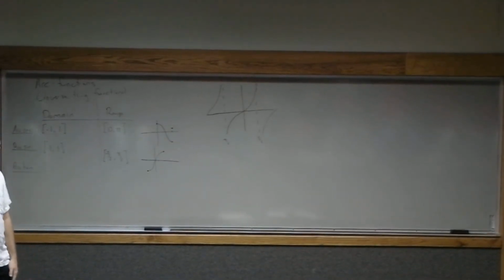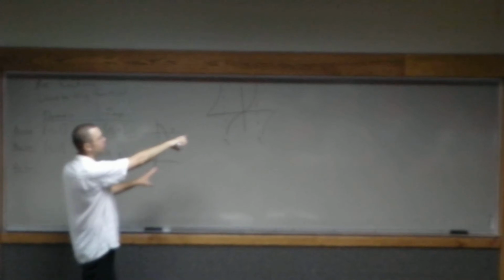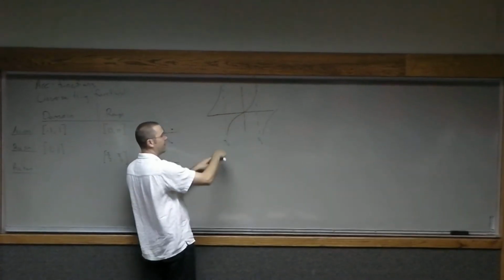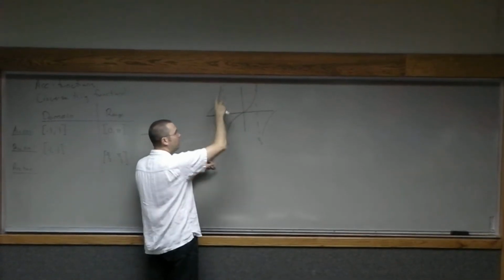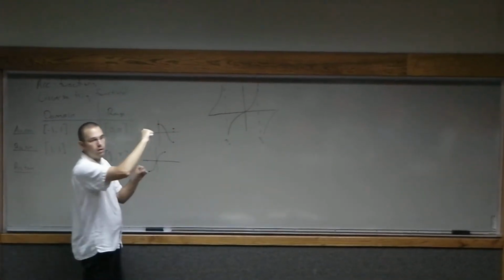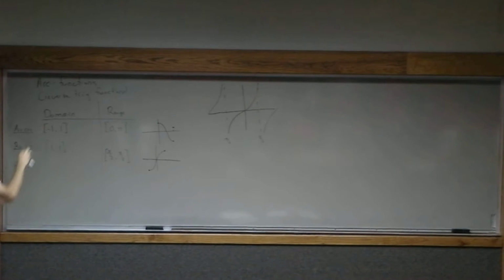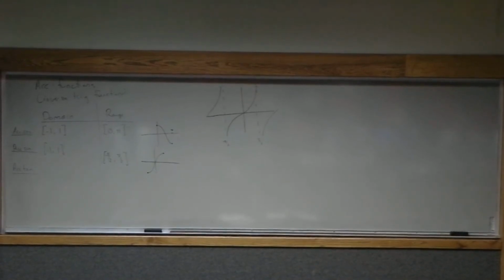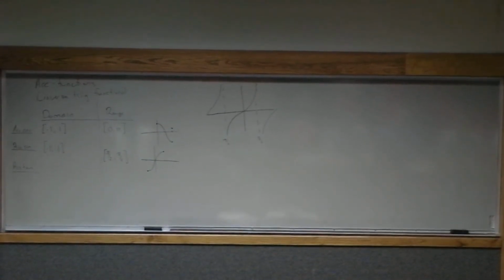I need to first identify what values I get out of the tangent function. What y values do I get out of this picture? Infinity. Notice in this particular picture, this graph continues on forever in both the positive and negative direction. So outputs of this function are any number whatsoever. The outputs of the tangent function are minus infinity to positive infinity. How does that relate down here to our arc tangent function?